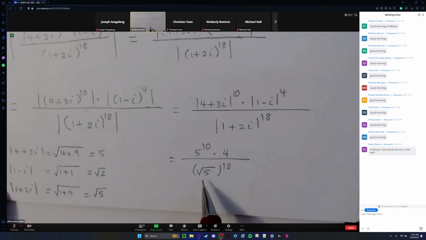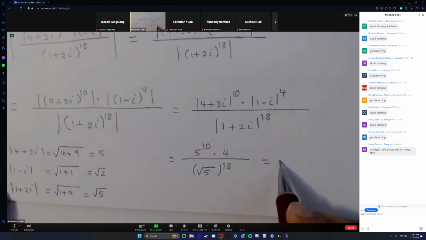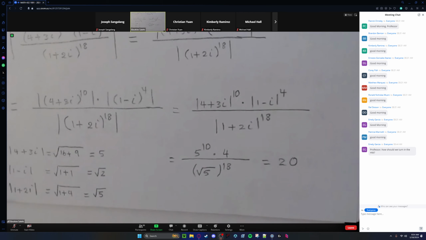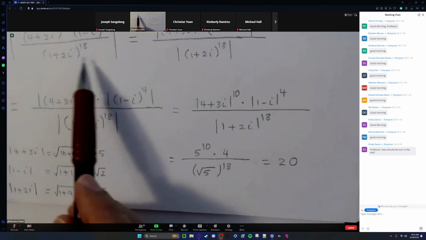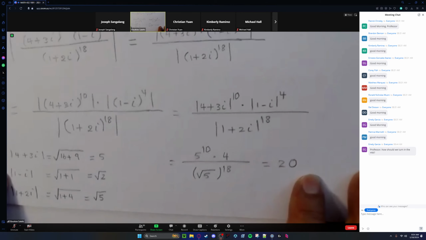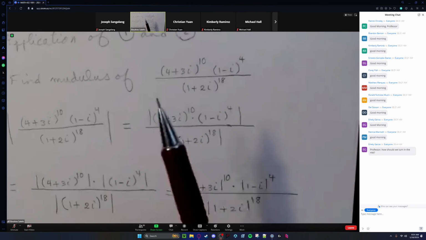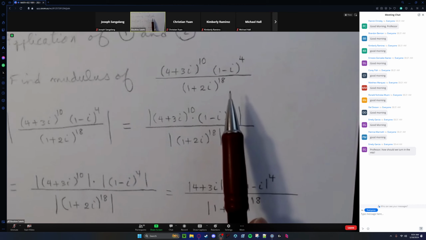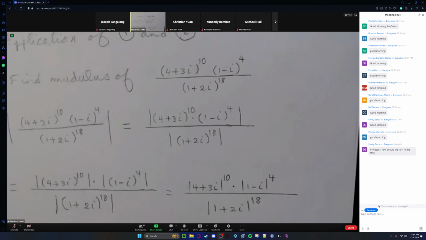Oh, that's 5 to the 9 and canceled. So the answer is 20. So you see, those properties make life a lot easier. So in your test, if I ask you to find the modulus of such a thing, this very, very obnoxious fraction, you know how to do it. Any questions so far?